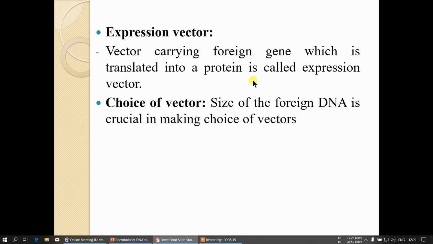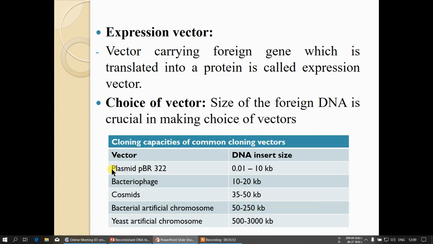Now, the choice of vector: how do we choose the vector for different recombinant DNA technology? The choice depends on the ability to take up foreign DNA; the size of the foreign DNA is crucial in choosing the vector. Different vectors can take different sizes of DNA. Plasmid pBR322 takes only a small foreign DNA, 0.01 to 10 kb.